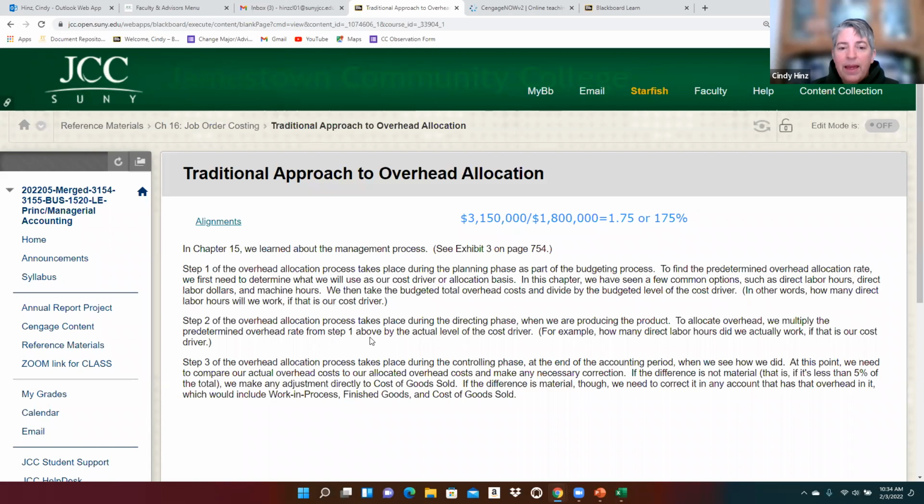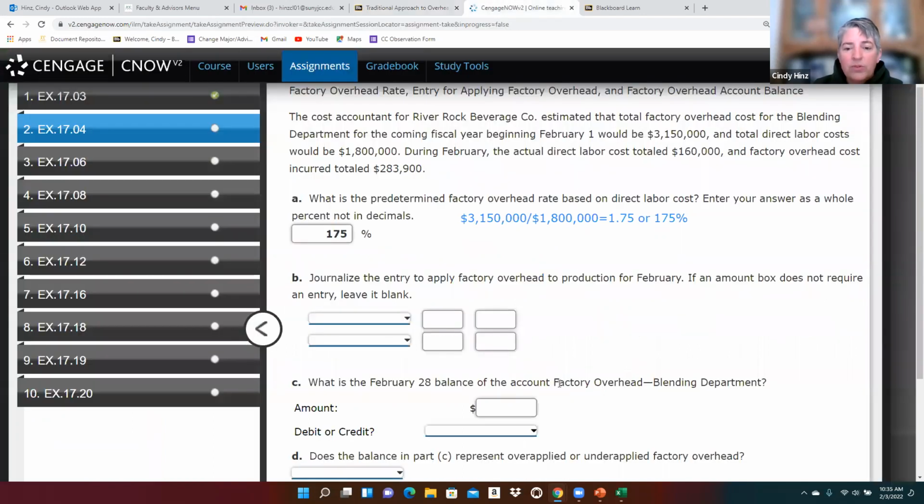We multiply that by the actual level of the cost driver. In our case, that's direct labor dollars. In my example, it uses direct labor hours, but in our exercise, it's direct labor dollars.